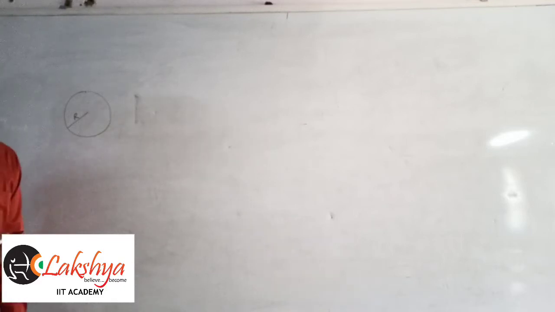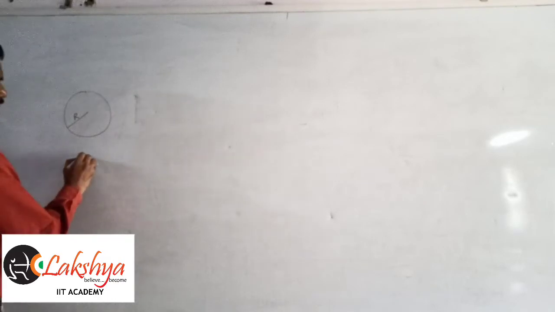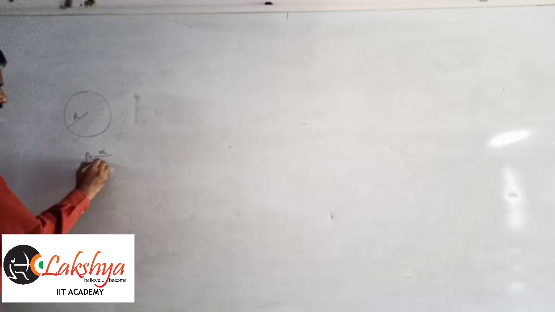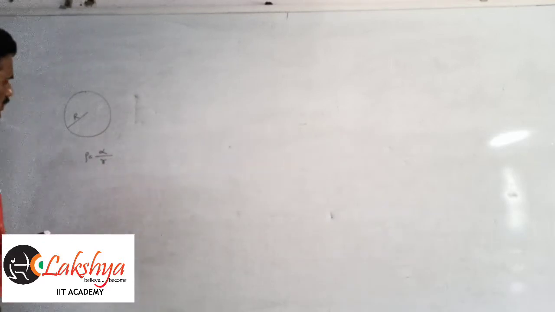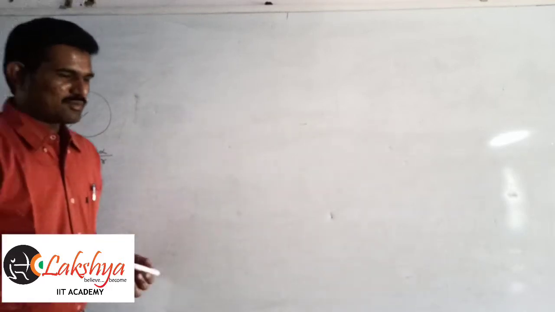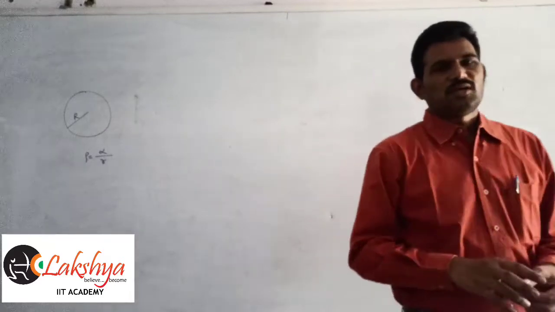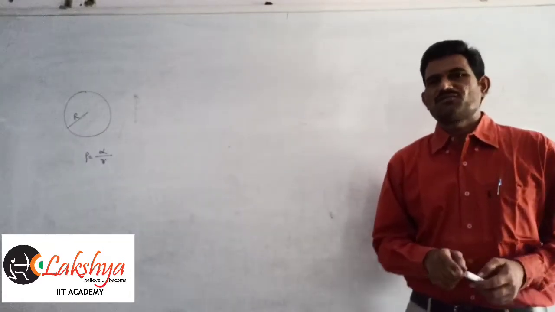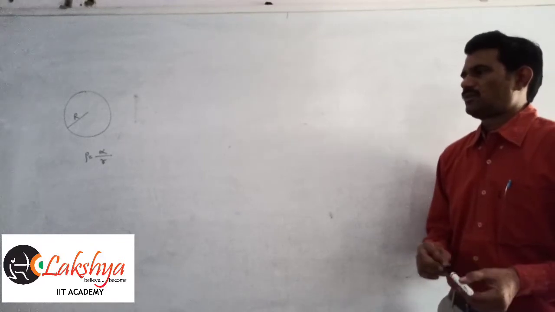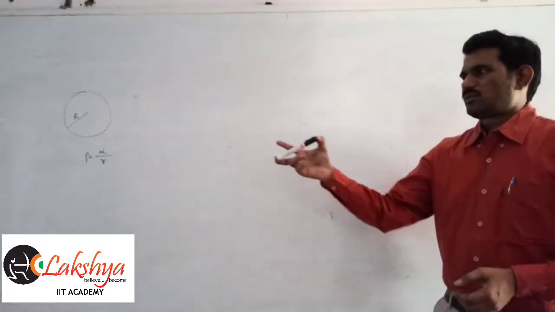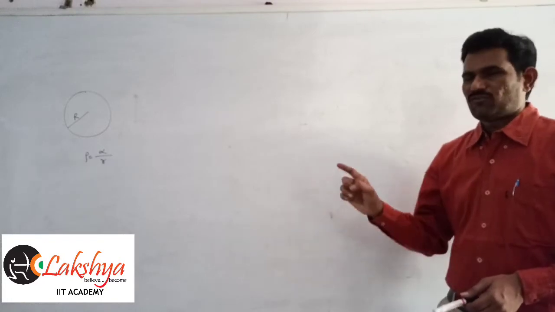The surrounding medium is having the charge density varying with the distance from the center of the ball as, write the expression, rho is equal to alpha by r.